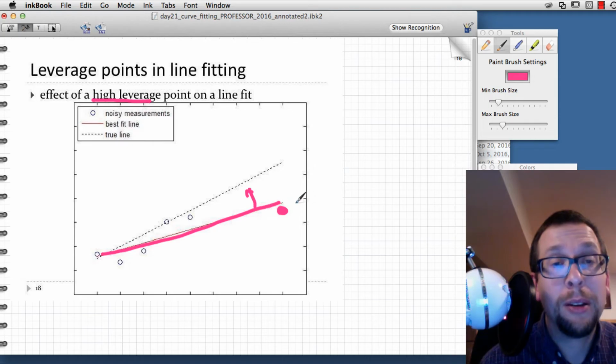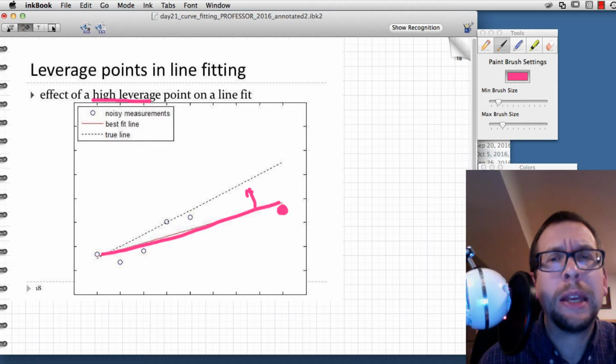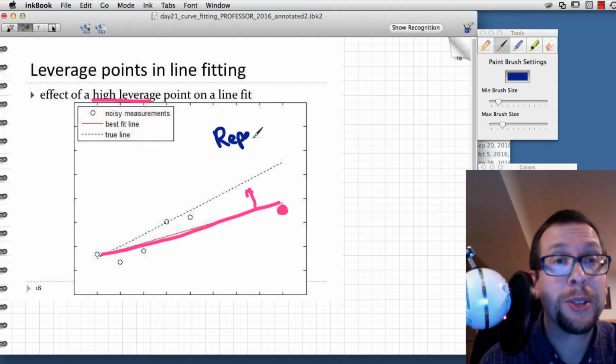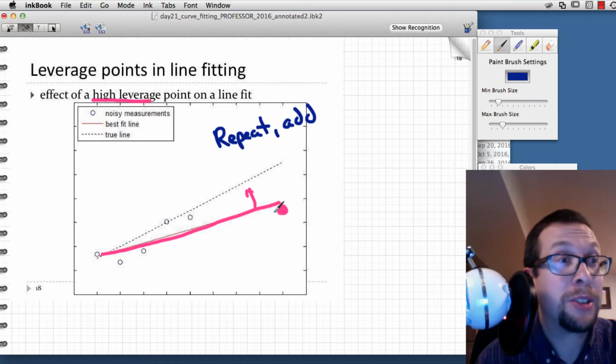Now, it could be that this is representative of something actually really happening in your data set. And a recommendation always, when you've got these outliers that are throwing things in a weird way, is, if you can, try to repeat the experiments. Repeat or add more experiments. And you might see that in this section right here, the data is nice and linear. And then maybe there's some nonlinearity over here that gets affected by some environmental condition.